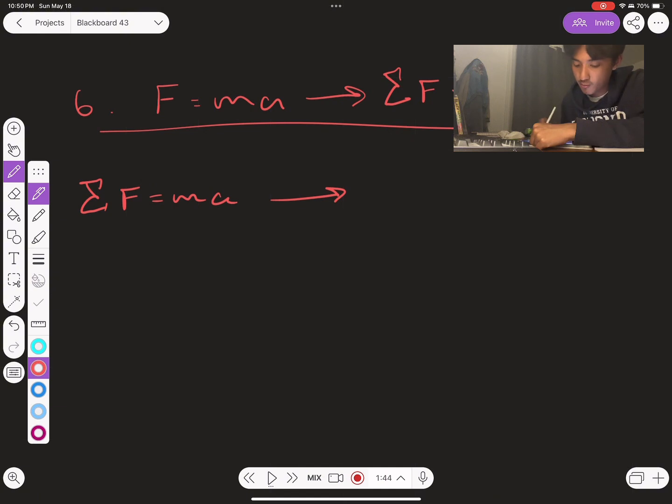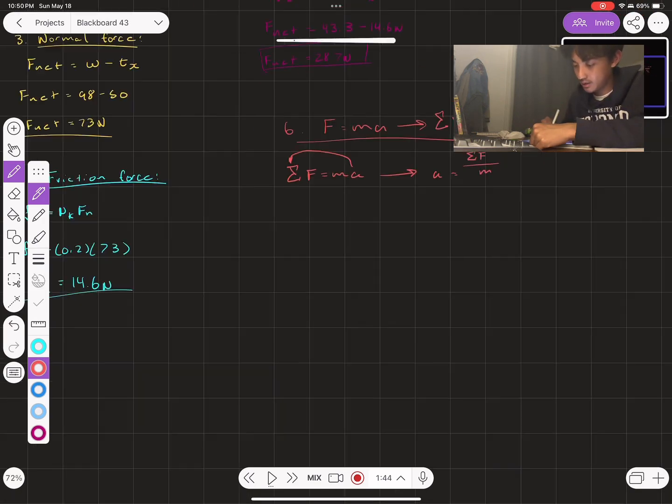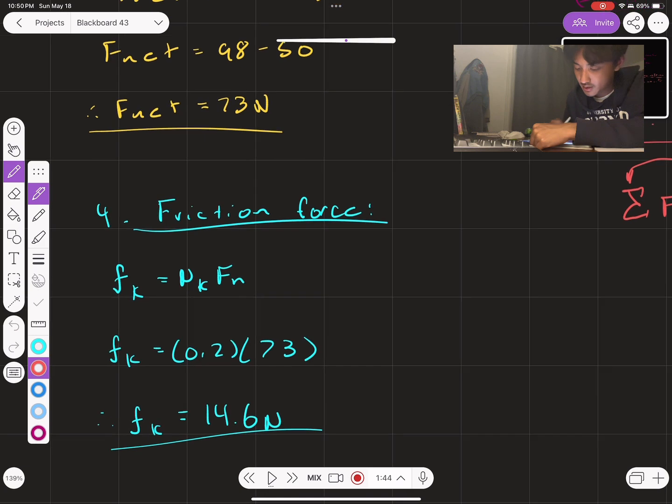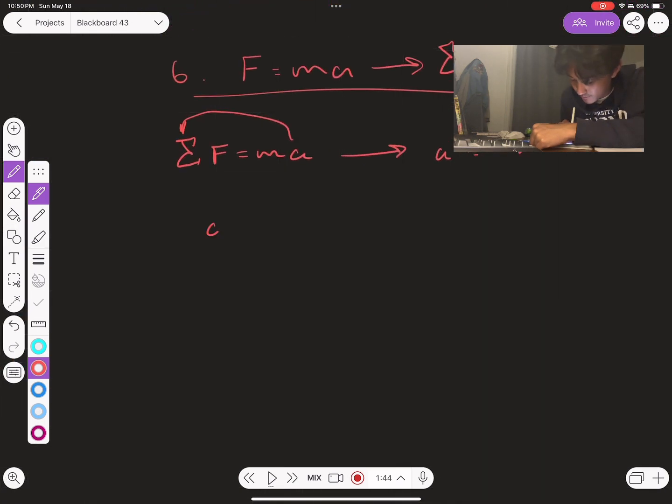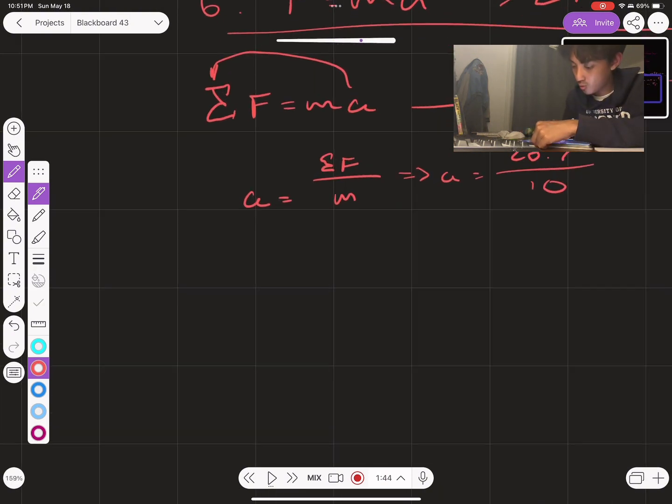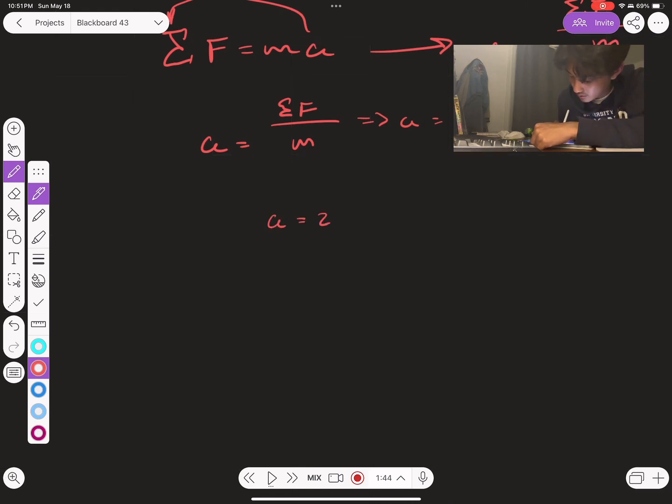So we're going to have to rearrange the formula and bring the acceleration to the front. So acceleration is equal to net force divided by the mass. And the mass of the box is 10. So A is equal to 28.7 divided by 10. Therefore, the acceleration is equal to 2.87 meters per second squared.